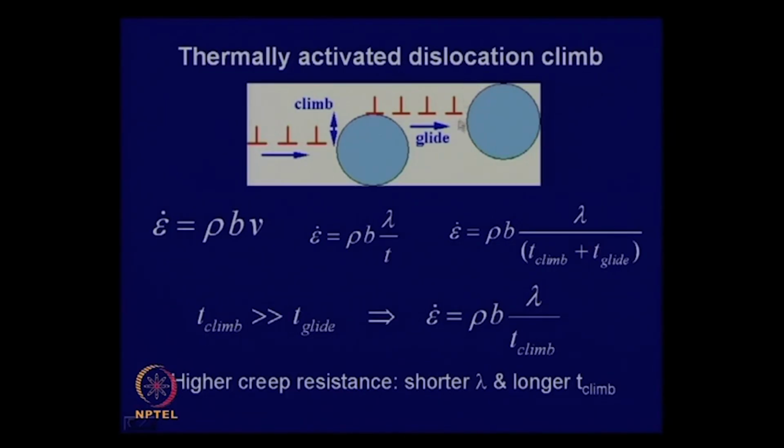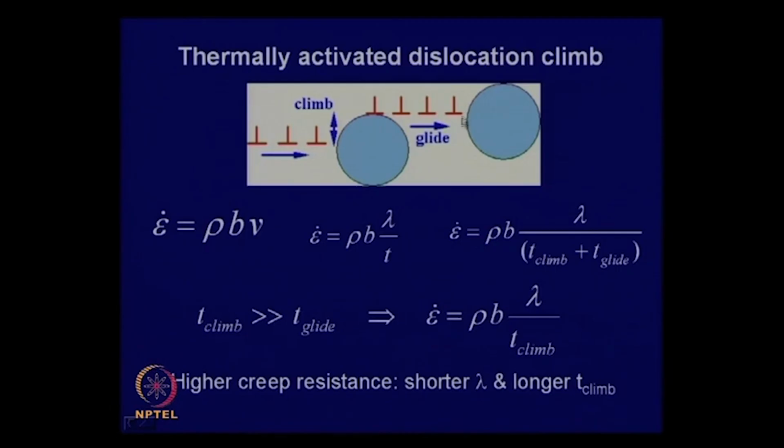If you assume that it climbs over the precipitate, we have seen last class this expression, if you recollect. We can make the climb process difficult by making the precipitate larger. That means if it is larger, it will need longer time to climb. So, a high climb time means lower creep rate.